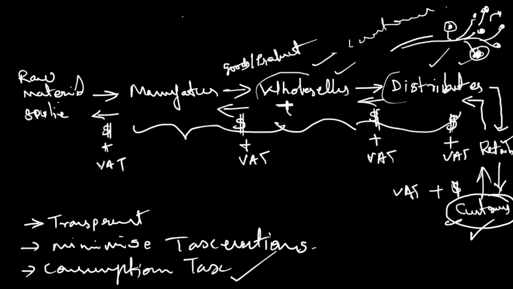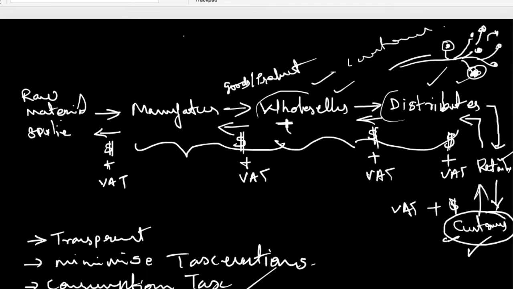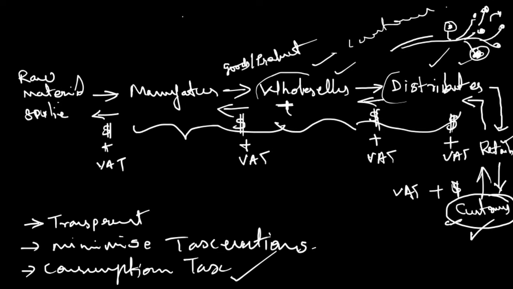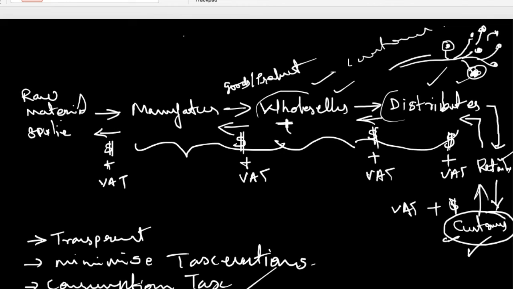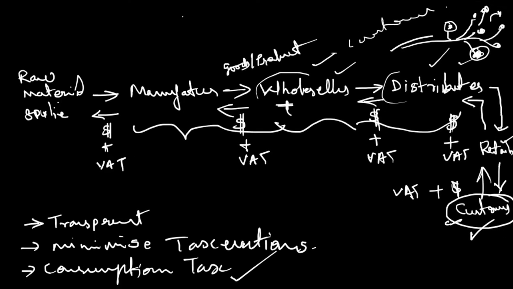The manufacturer paid VAT to the distributor, sorry, the raw material supplier. He can deduct that VAT paid by him from the wholesaler.